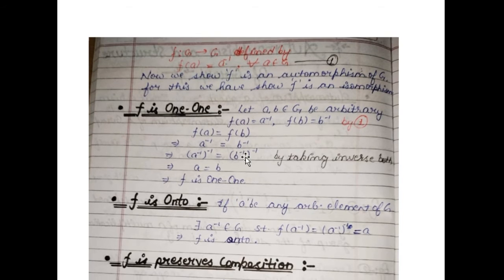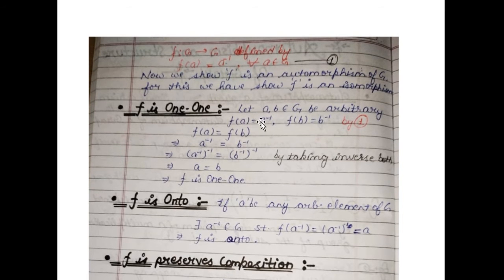So first we show it is a 1-1 mapping. If a and b are any two arbitrary elements of G, then by definition the image of a is F(a), F(a) is equal to a^(-1). The image of b is F(b), F(b) is equal to b^(-1). Now we consider F(a) equal to F(b), and if we are able to show a equal to b, then this type of mapping is called 1-1.